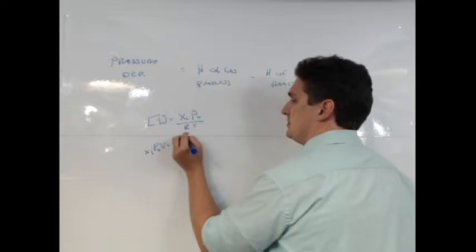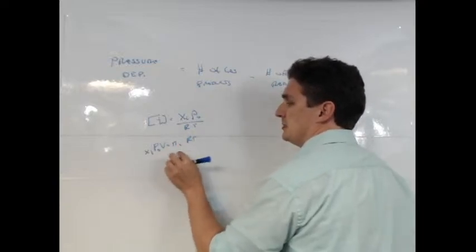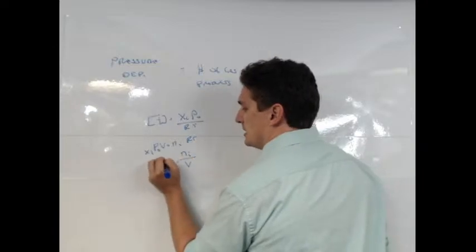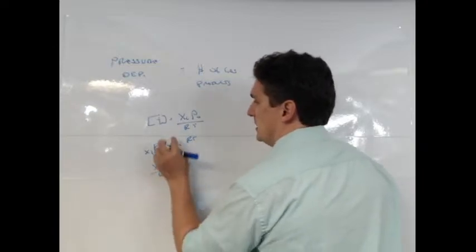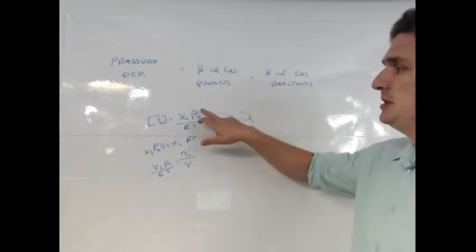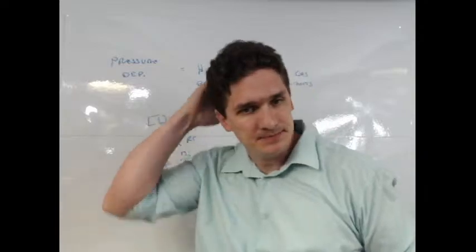That's from Dalton's law. We rearrange to get molarity, which is moles per unit volume, and we get Xi P naught over RT. So if we put this in our expression for Q, we'll end up getting the pressure P naught raised to a certain power.